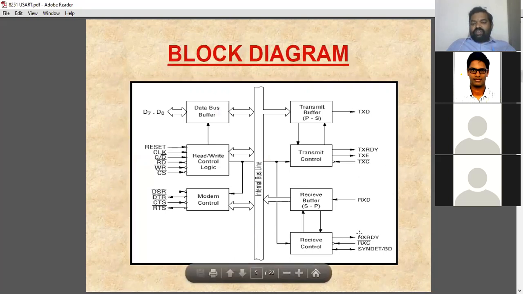Whenever the data is available at the receiver, then it will send a receiver ready control signal, in such a way that we can send the received data to the 8086. This will be connected to the 8086 processor, receiver ready control signal, right? So after getting the data, immediately it will send a receiver ready control signal to the 8086, right?